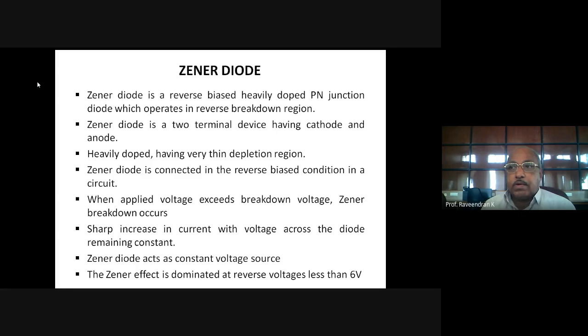Once the reverse biased PN junction is broken down, the reverse current will be very large, and at the same time it keeps a constant voltage across the PN junction under reverse bias. Once the Zener breakdown occurs, the voltage across the Zener diode will be almost constant. That is the main feature of this particular diode.